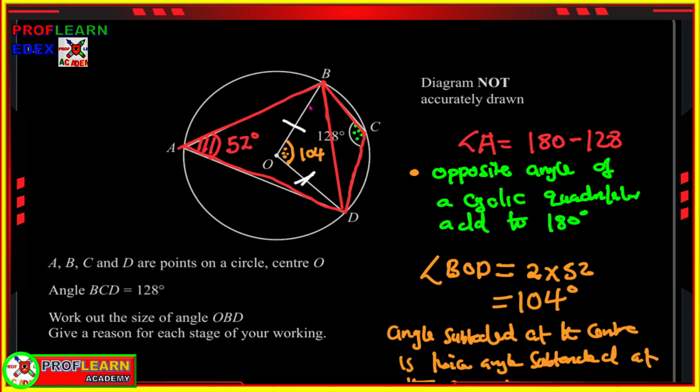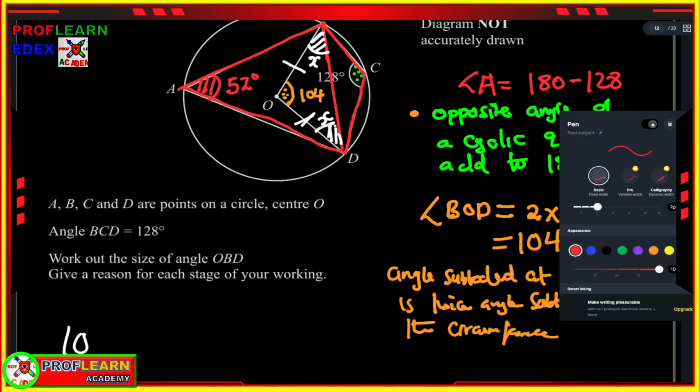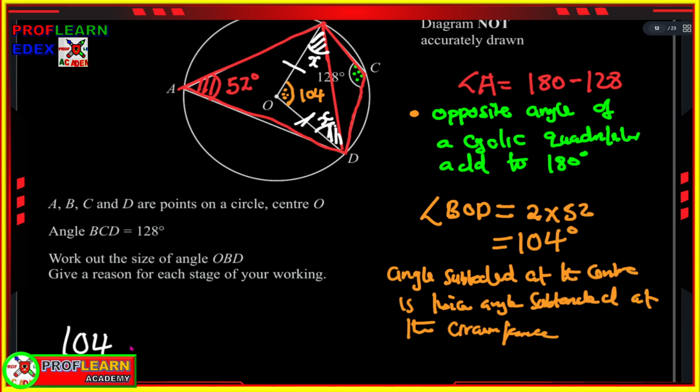So for us to work out angle OBD, if this angle is x, this angle here also will be x. Base angles of an isosceles triangle are equal. So we can say 104 plus 2x is equal to 180.